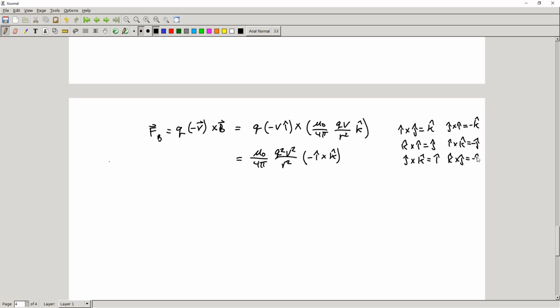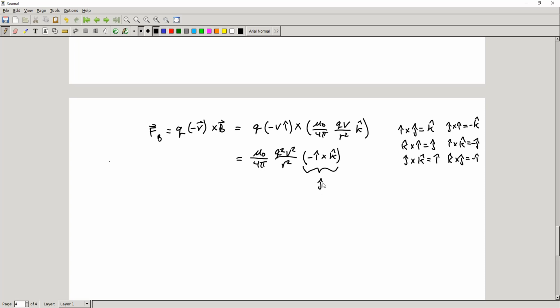And then we know anytime you run into the situation where you have an i hat cross i hat, that's just 0. j hat cross j hat, 0. k hat cross k hat, also 0. So in this case, we have i hat cross k hat. Well, i hat cross k hat is minus j hat, but I have a minus sign, so this whole thing just ends up being j hat.